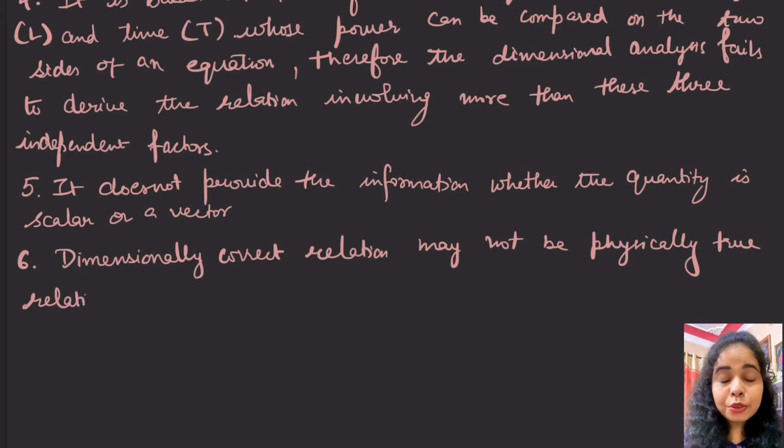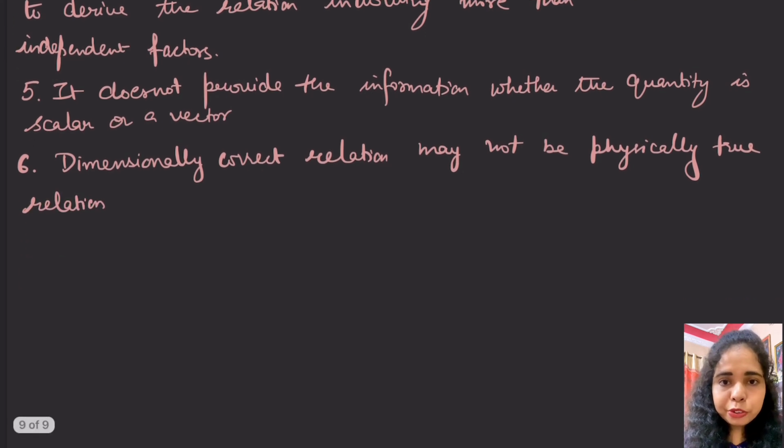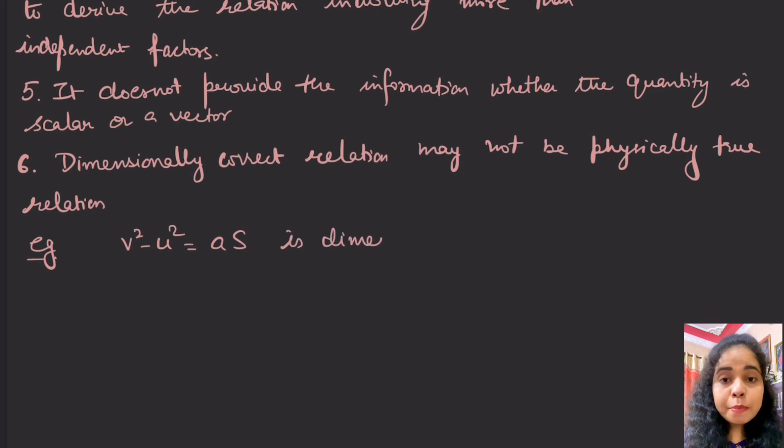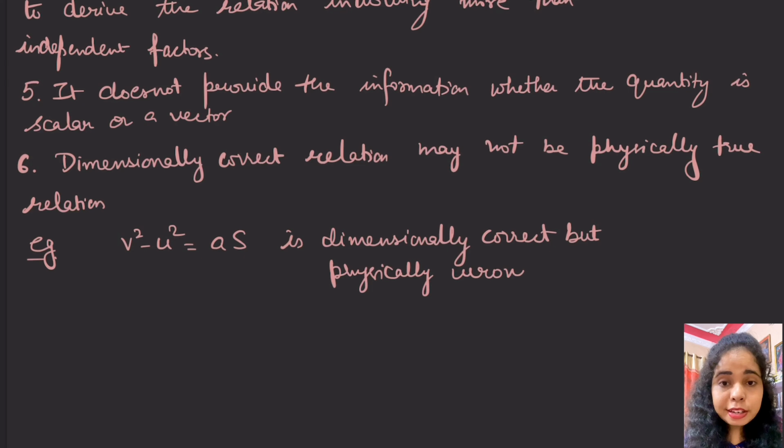As for example, I told you that kinetic energy is equal to half mv square, but if you write the kinetic energy as mv square only, the relation will still be dimensionally correct, because the half will not be determined with the help of dimensional analysis, but otherwise the formula is wrong. Similarly, the equation v square minus u square is equal to 2as is the correct relation, but with the help of dimensional analysis we will find that v square minus u square is equal to as is also dimensionally correct. So therefore we can say that a dimensionally correct relation may not be physically correct.